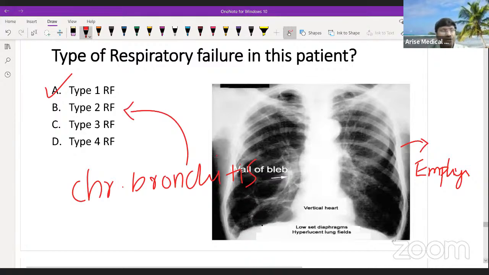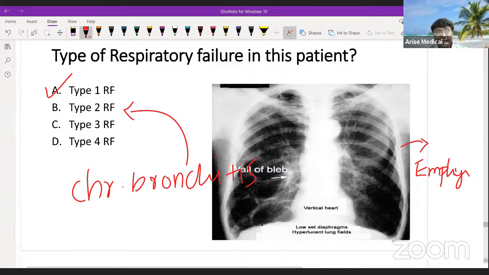Type 3 respiratory failure is perioperative respiratory failure. Type 4 respiratory failure occurs secondary to hypovolemic shock. So that is about the types of respiratory failure.